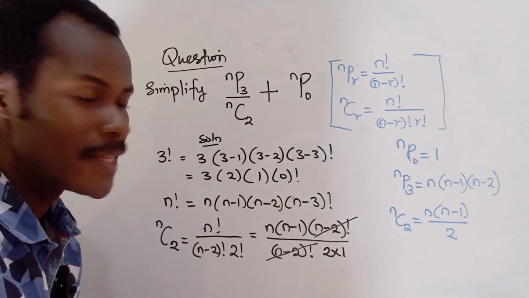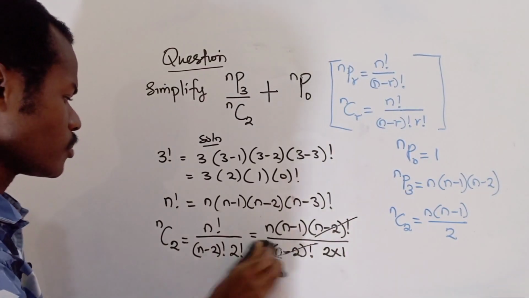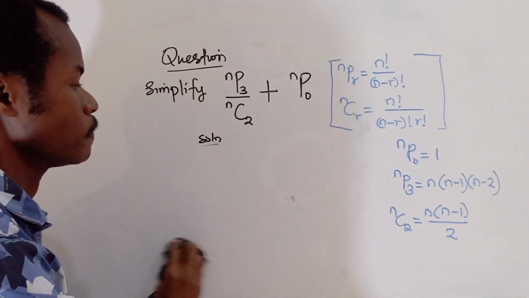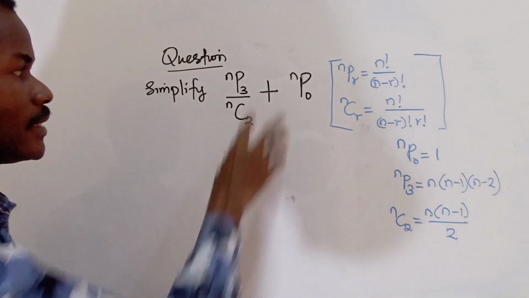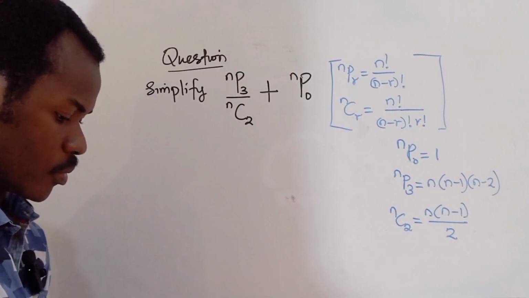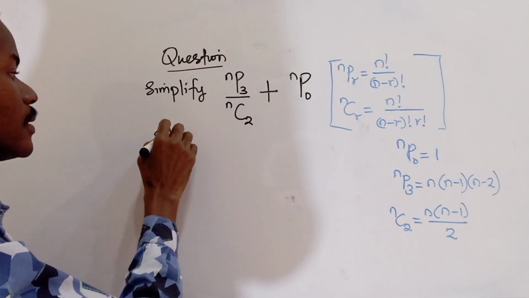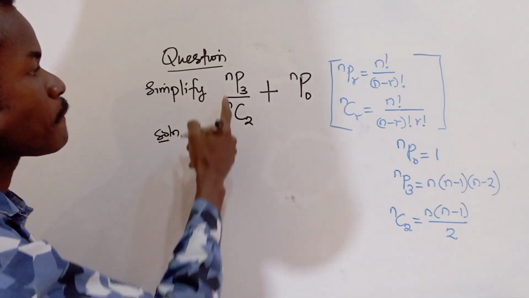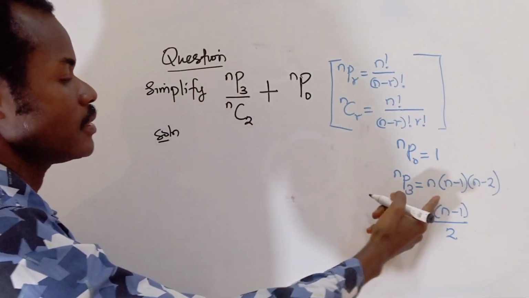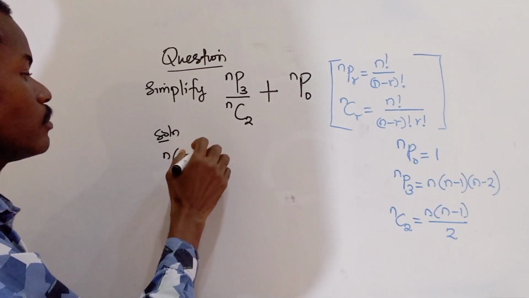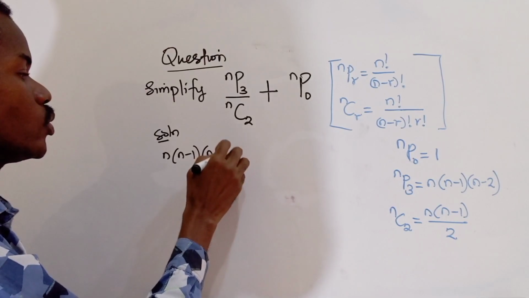Okay, so now that we have all that, we can substitute all that into this expression. So let's substitute it and see. Our nP3 is n multiplied by n minus 1 multiplied by n minus 2.